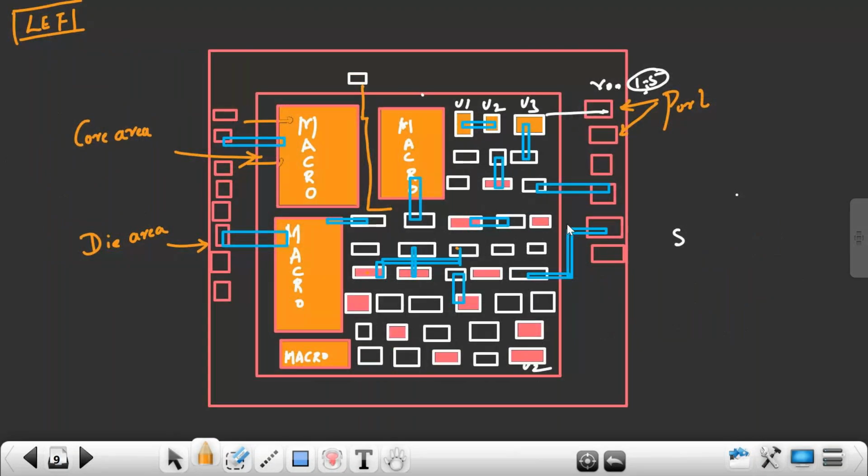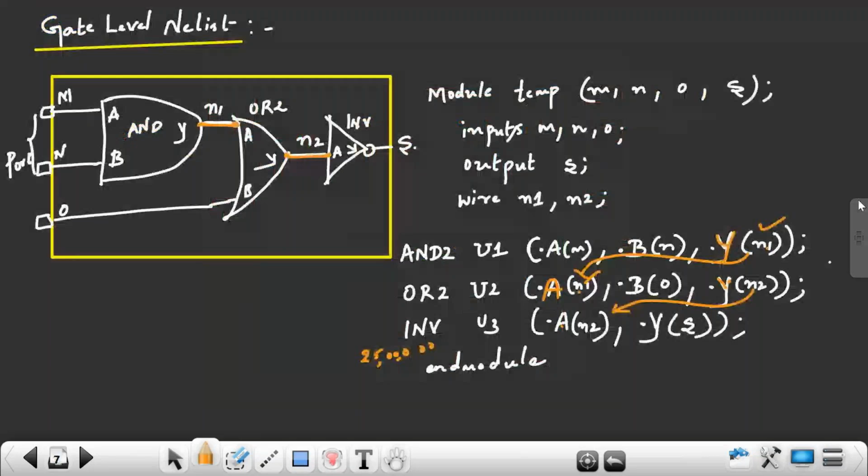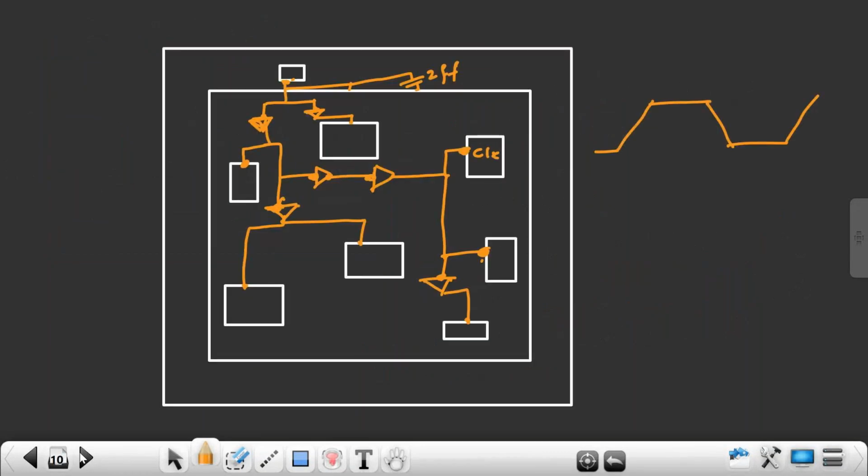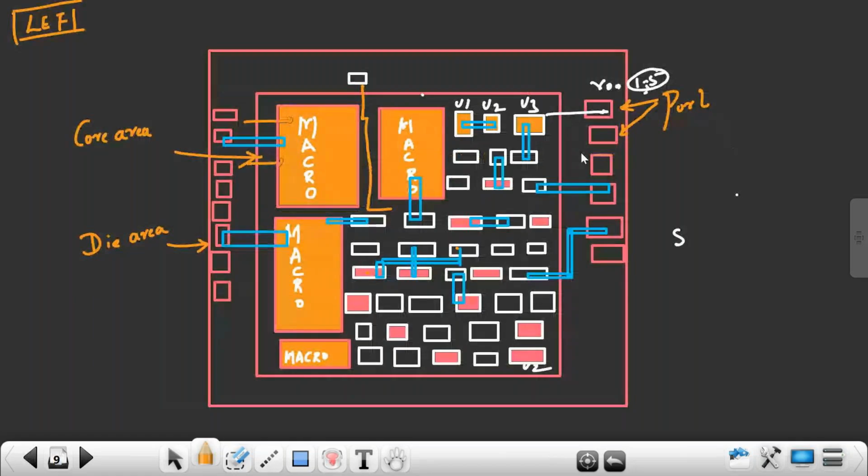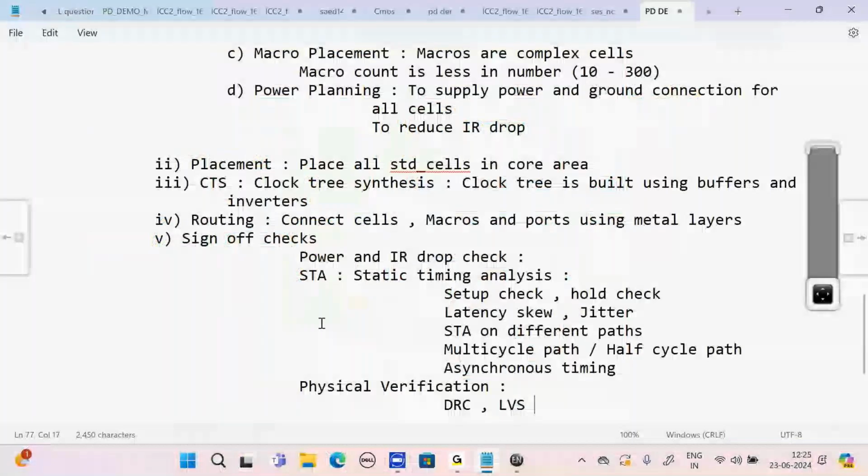So in the netlist, what is connecting here? Output of AND gate is connecting to what? Input of OR gate. Whether the same connection is present in the layout or not. We cross verify that. That is called layout versus schematic. This is layout, schematic is your netlist. Comparing both is called what?